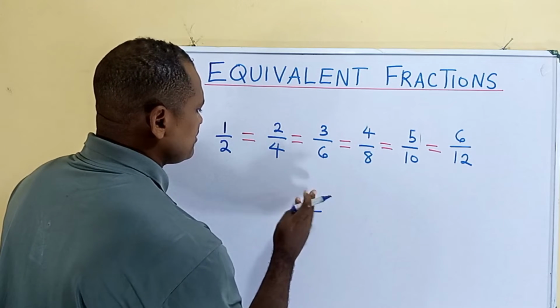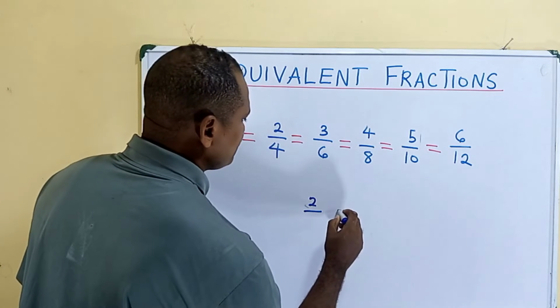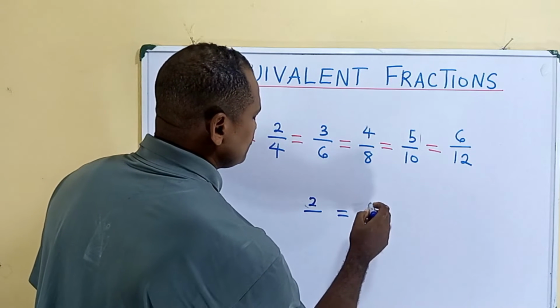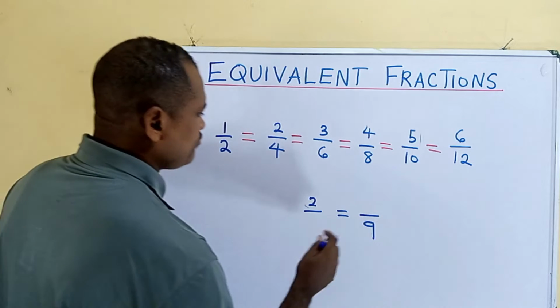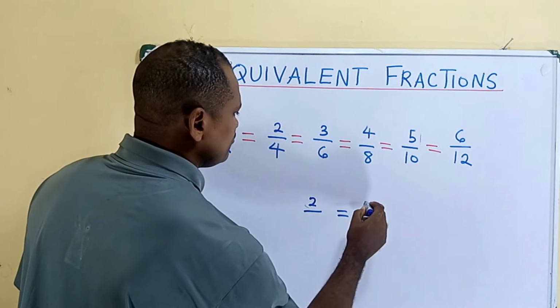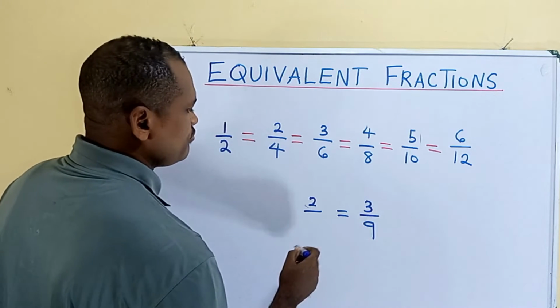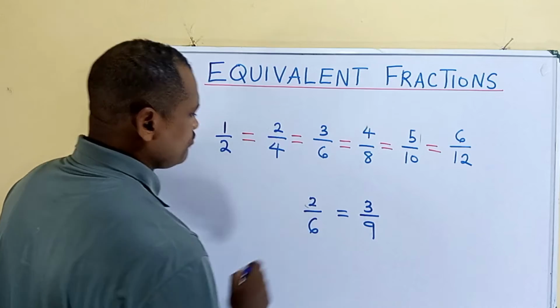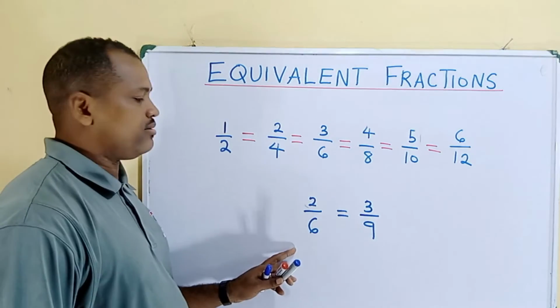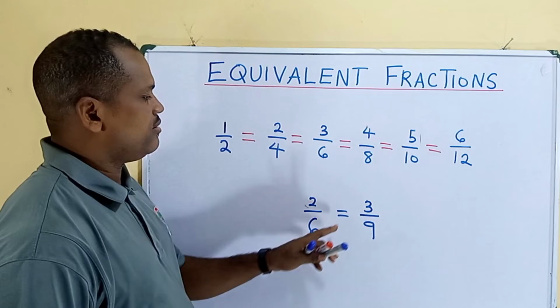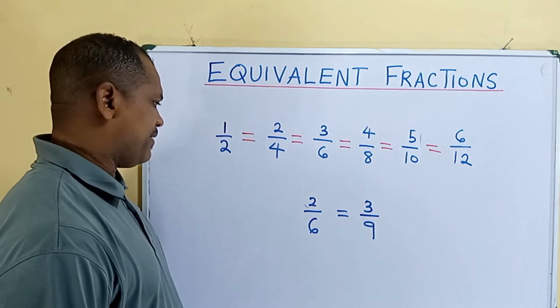Let's do something like this. Here we have 2/6 and 3/9.